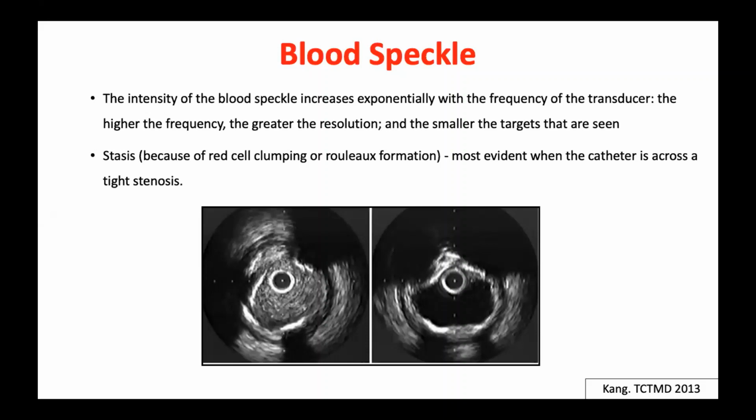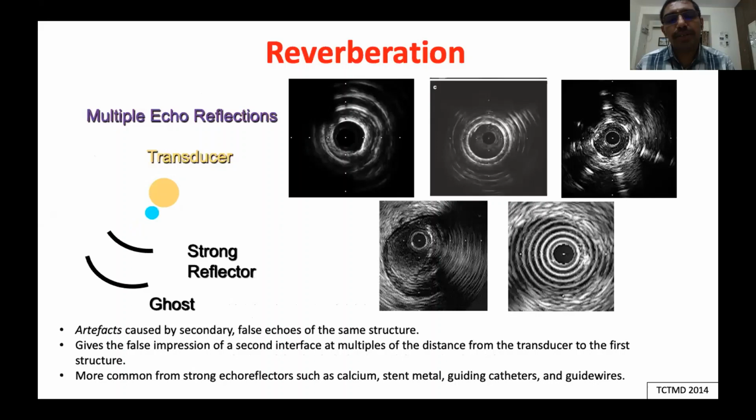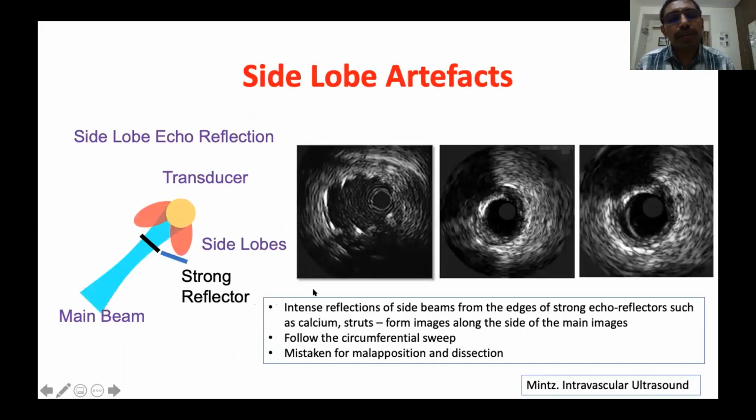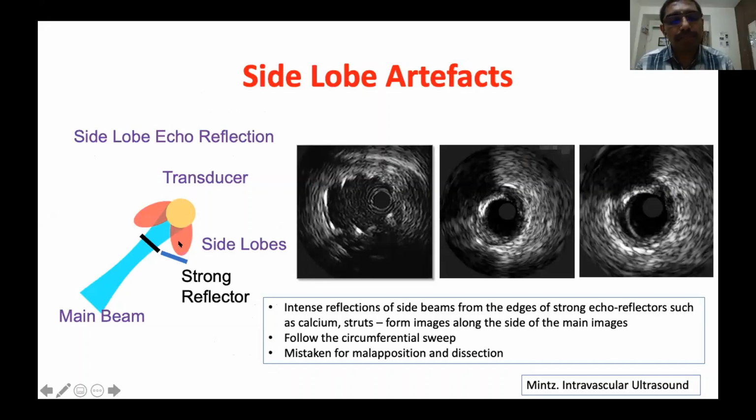How to differentiate between shadow and side lobe? Side lobe is an additional image. It is not a shadow. It is similar to what you see in regular echocardiographic imaging. Usually the main beam is the one which forms the image. Suppose you have a highly reflective surface; the side lobes usually do not participate in image formation, but when they get reflected from these edges, they form an additional image. They also contribute to the image by extension of stent cells or calcium along the circumferential sweep.